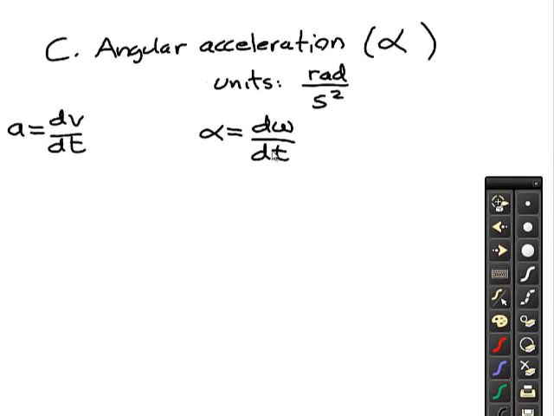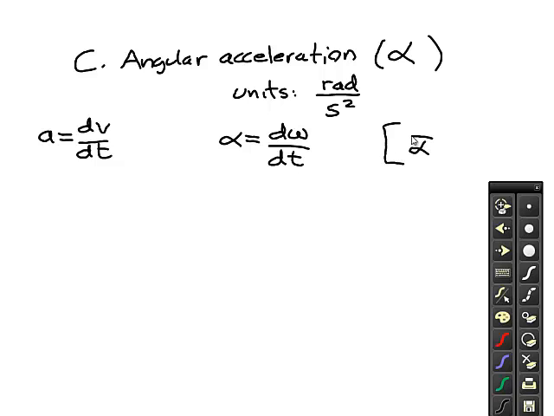Again, average acceleration, if you want to go back to last year, we would have said delta omega over delta t, the change in velocity over time, but the official definition is the calculus one.